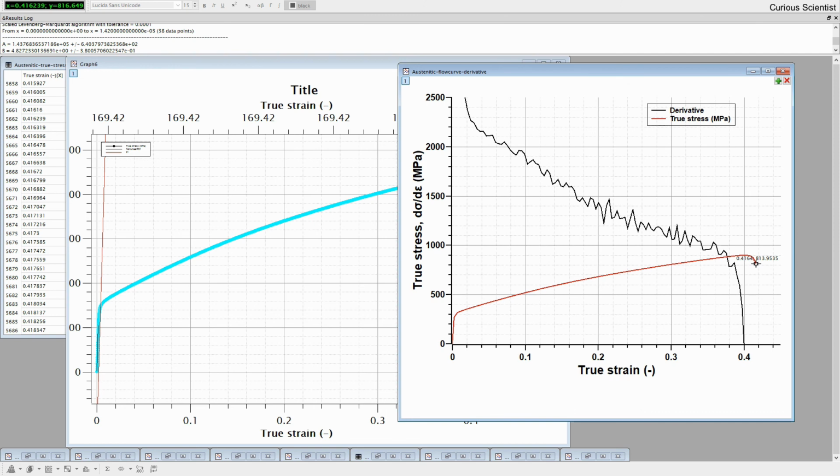So a lot of details can be extracted just by doing a tensile test and evaluating the tensile curve.